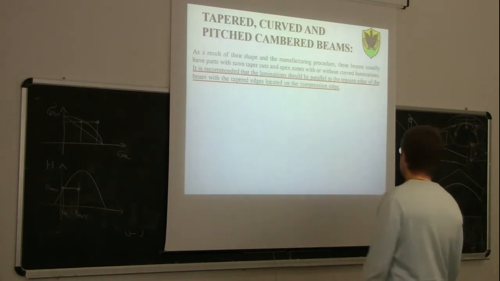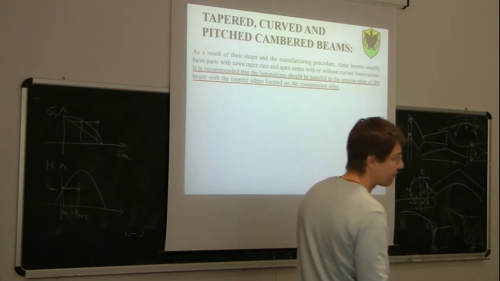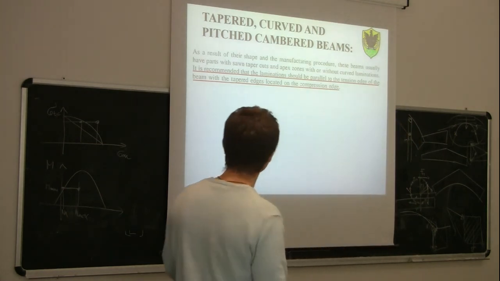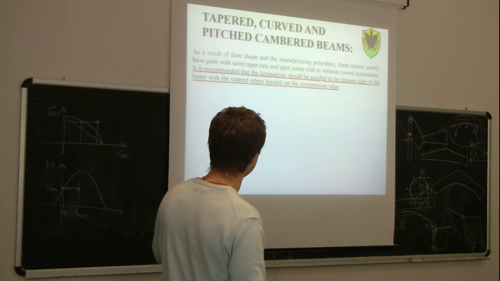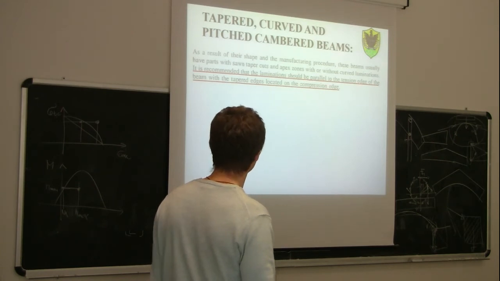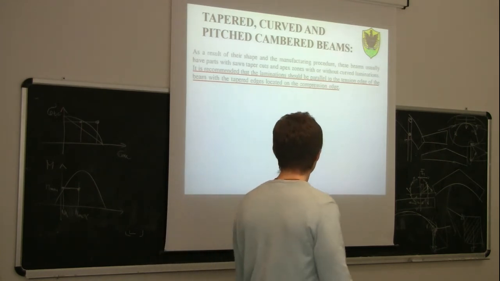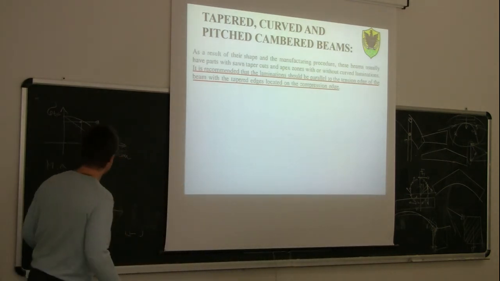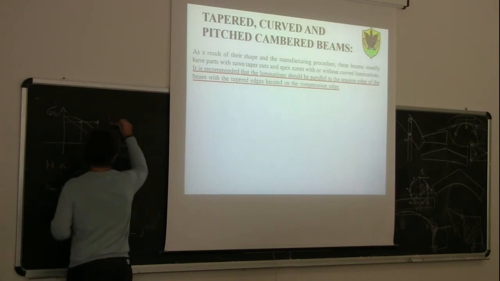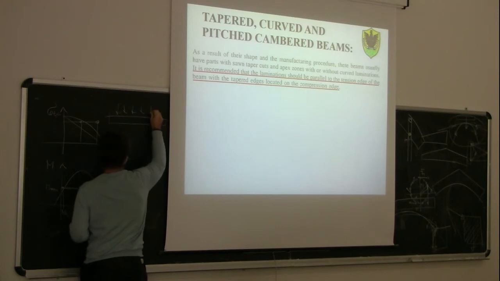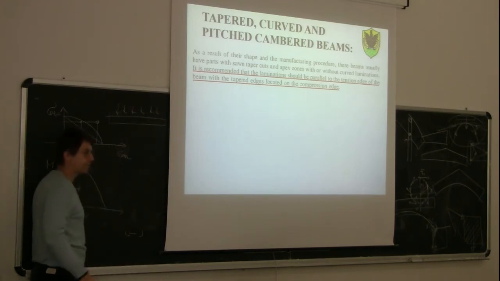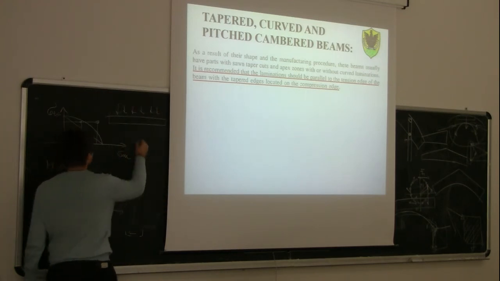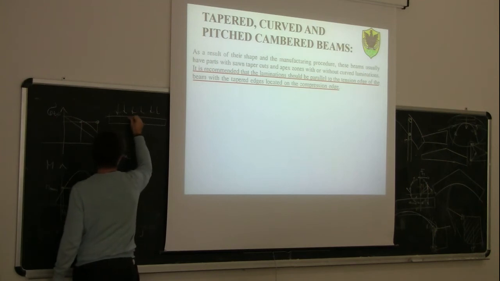So, if these members are made of glulam, it is always recommended that the lamination should be parallel to the tension edge of the beam, with the taper edges located on the compression edge. What does this mean? It means that if you have a beam subjected mostly to positive bending moment, the positive bending moment will induce compression in the upper part and tension in the lower part.